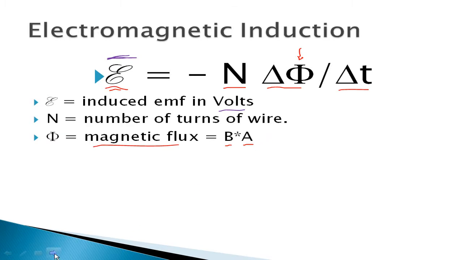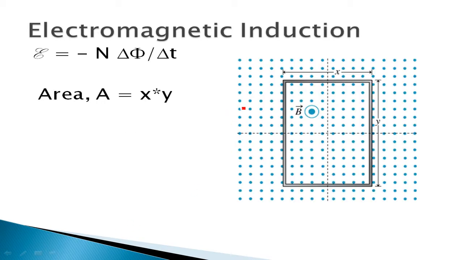The next picture here shows an example of a single rectangular coil immersed in a magnetic field that is coming out of the page. So we're looking at the arrowhead coming toward you, okay? And the area we're referring to, of course, is the cross-sectional area. In this particular case, it's x times y.